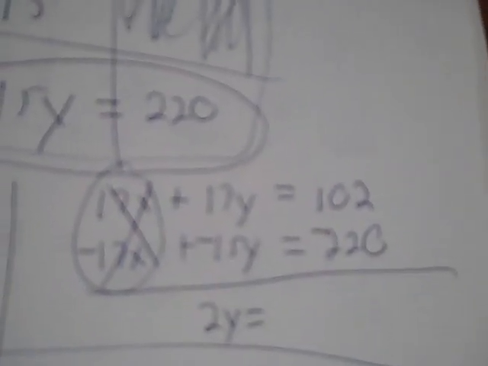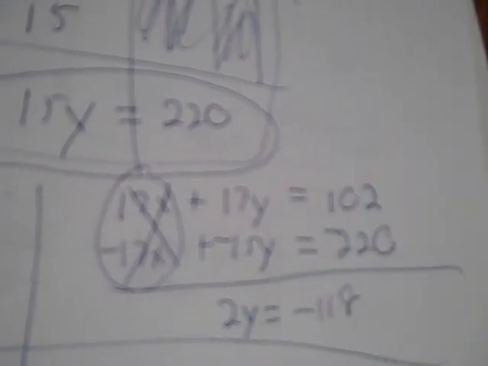Then the bottom, 17x plus 15y, and that's 220. Okay, so remember these are this common, but they got to be opposite. So negative, negative, negative, and those cancel. So I add these two, I get 2y. And I add these two, and I get negative 118.